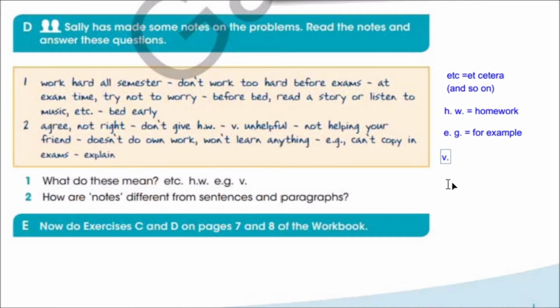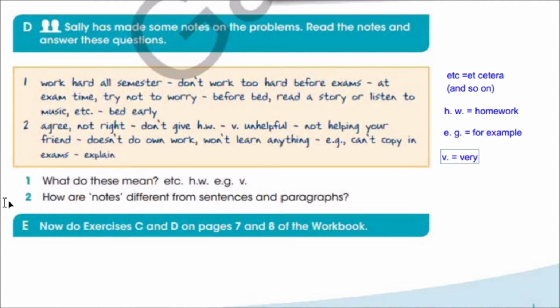V, which we took in the first lesson, means a verb, but here what did she mean by V? V, she used it here. V unhelpful, so she means very. Very good, she means very.